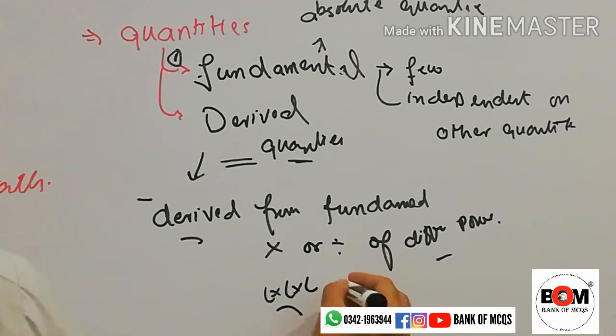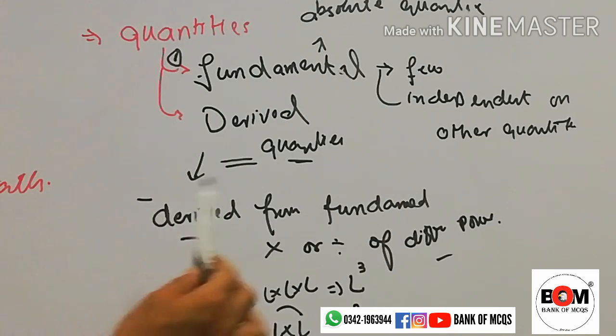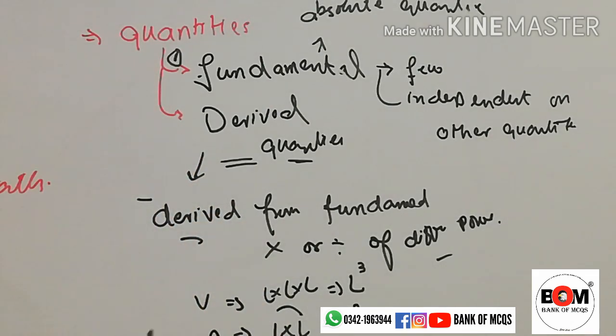In the case of volume, length is multiplied 3 times, so the power is 3. For area, the same quantity is multiplied 2 times, so the power is 2. So derived quantities are derived from base fundamental quantities by multiplication or division.